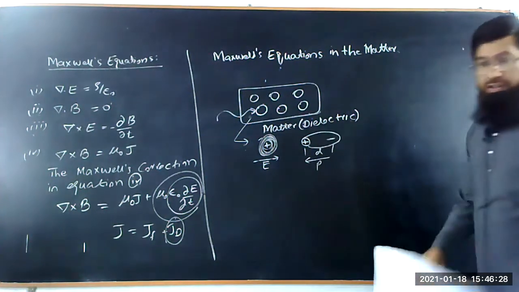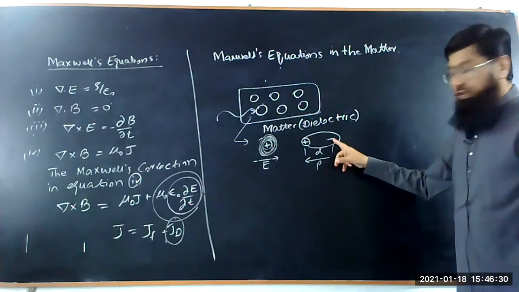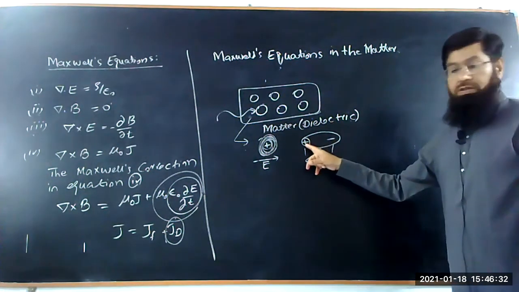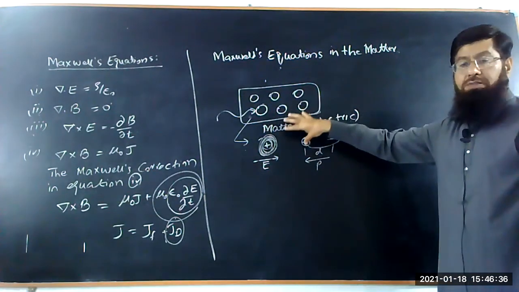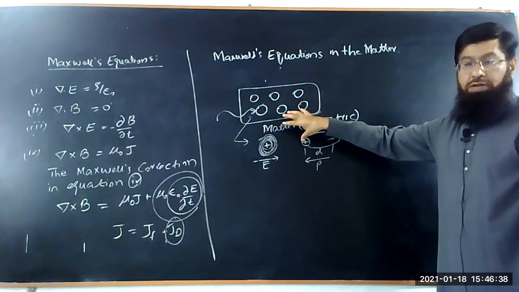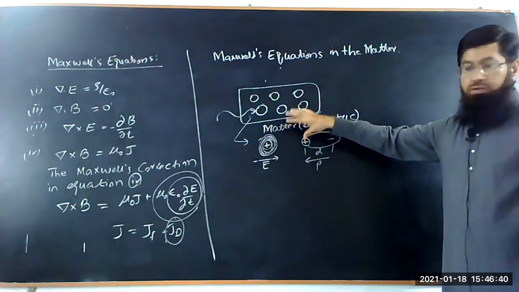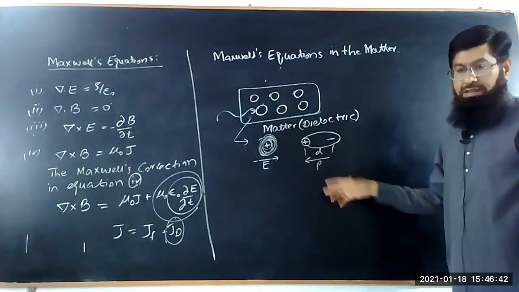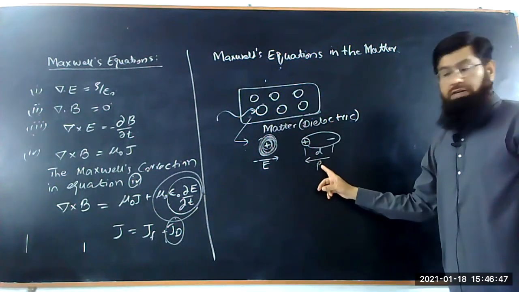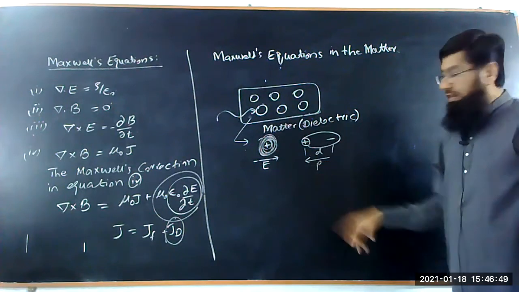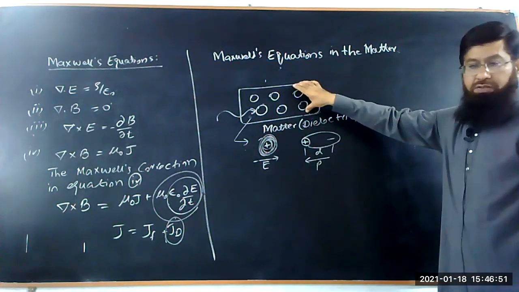This is the polarization vector p, whose direction is from negative charge to positive charge. This behavior you have studied in chapter number 4 of electrodynamics. Clear? We are not discussing it in detail right now, because you know very well how the electrical polarization takes place.